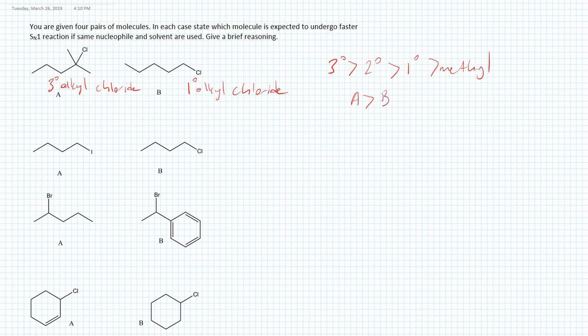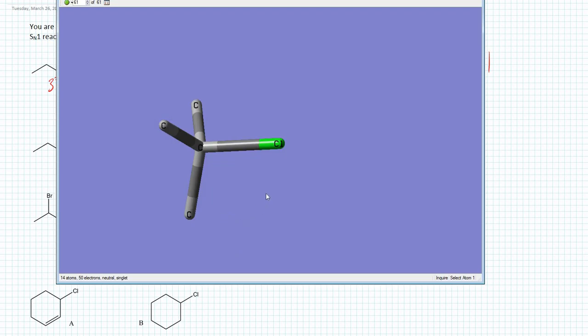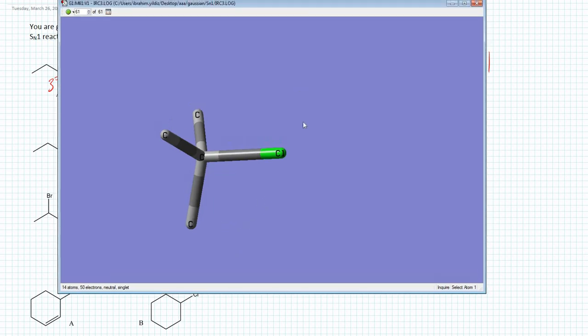Let's analyze this situation in a molecular model. Here in this model we have t-butyl chloride, and if t-butyl chloride undergoes an SN1 reaction, it is going to have 2 steps. In the first step, it will generate a carbocation plus the leaving group, and then in the second step, the nucleophile will attach itself to the carbocation.